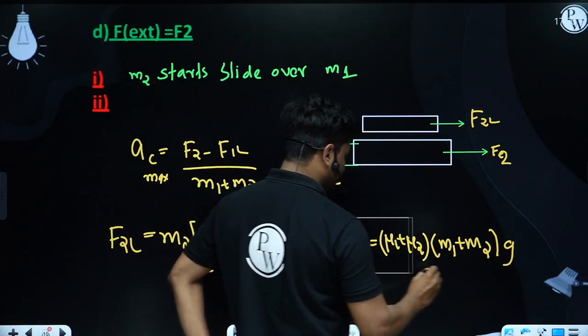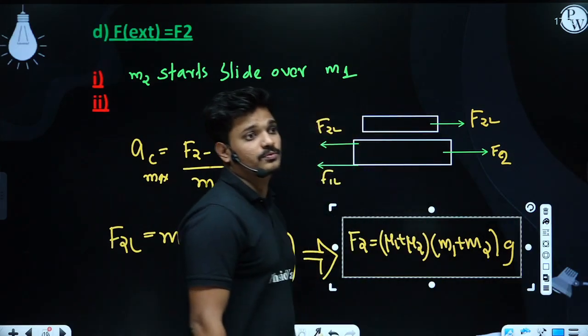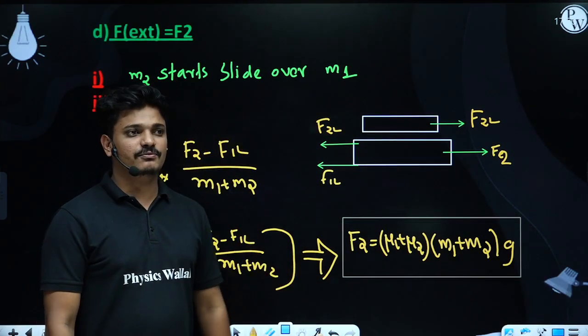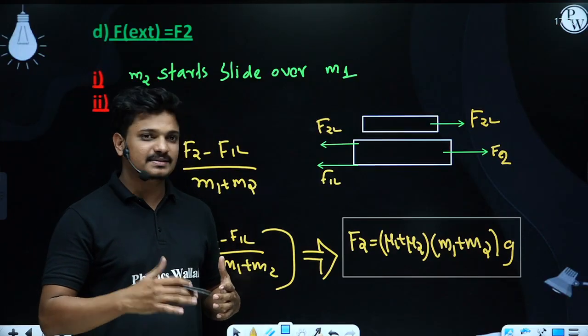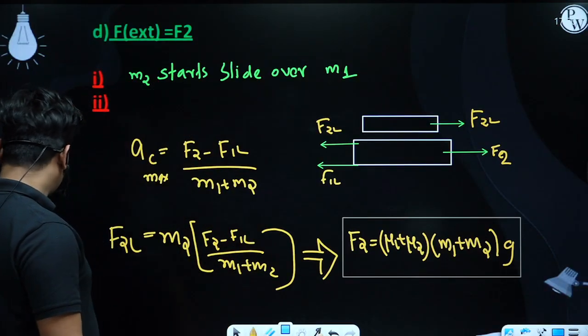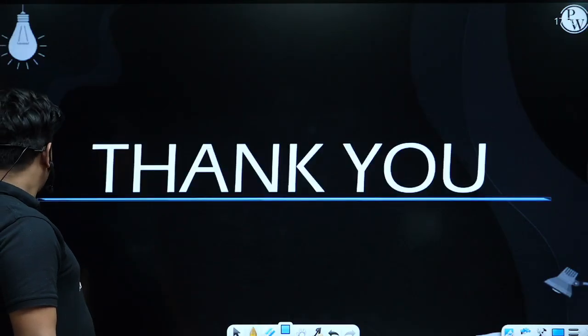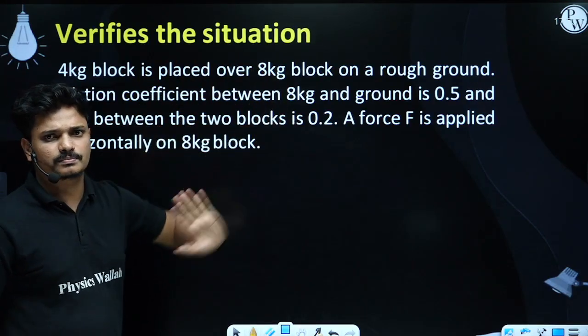So if we know these F1 and F2 values, then we can easily solve the problems. Okay, so we can consider one problem.